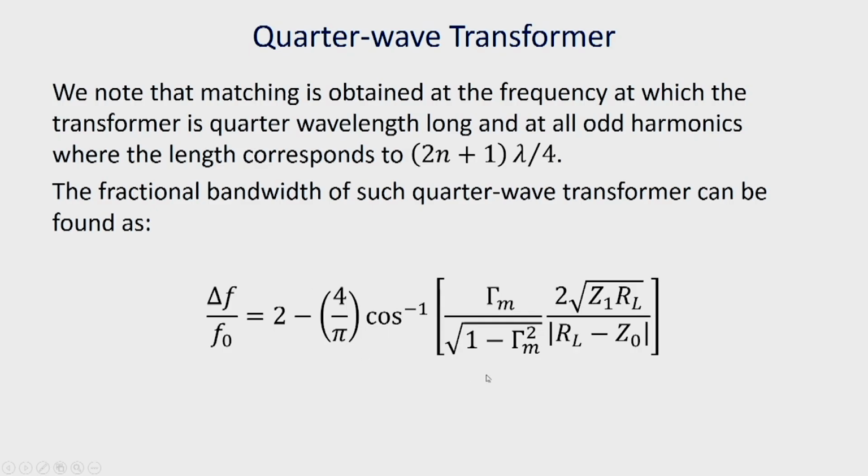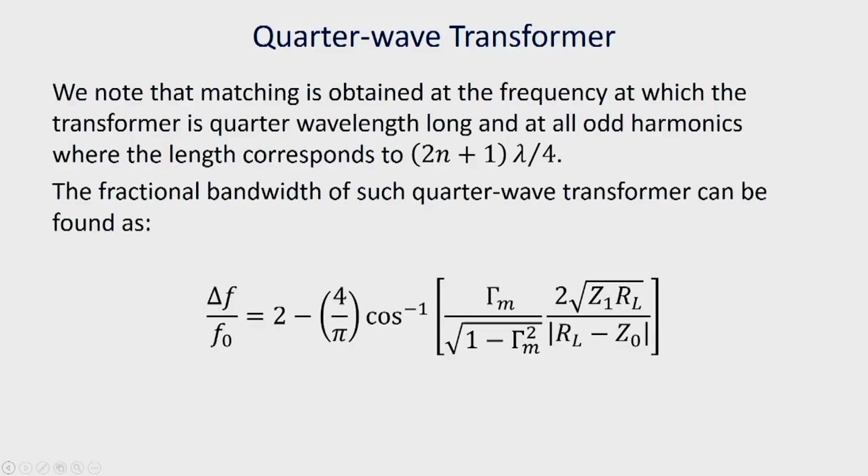So, this expression will give the fractional bandwidth for the quarter wave transformer, and we can have different fractional bandwidth depending upon the maximum value of the reflection coefficient at the passband edges that we are ready to accept.